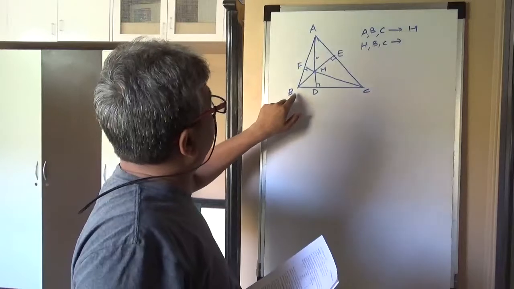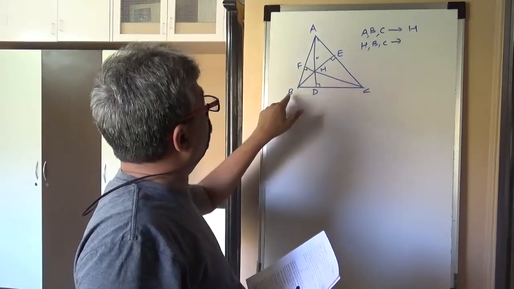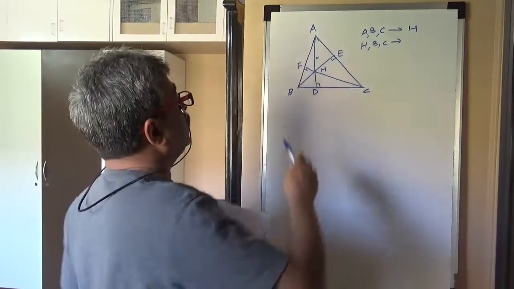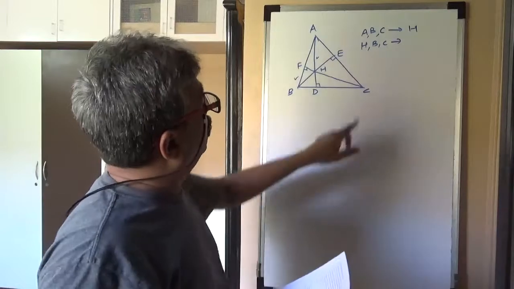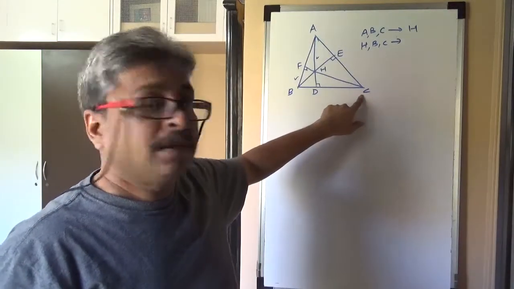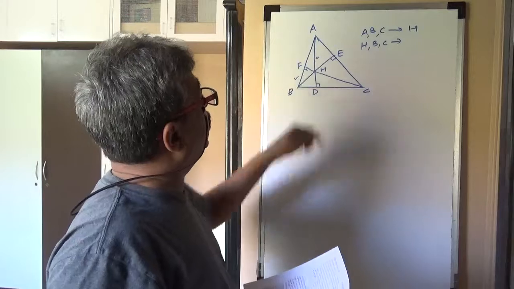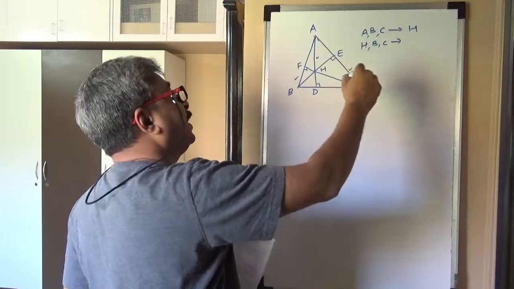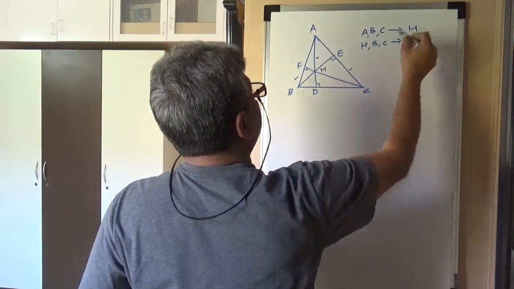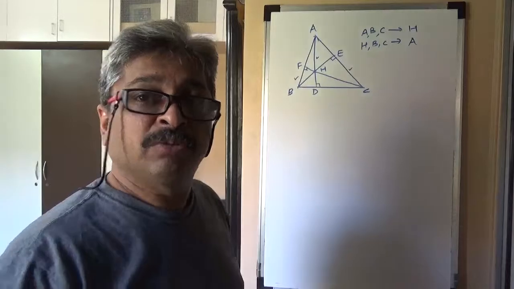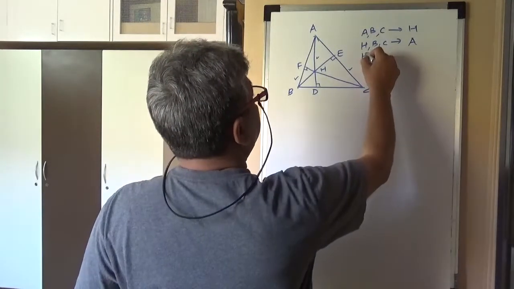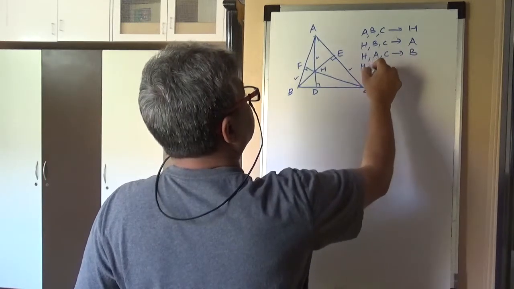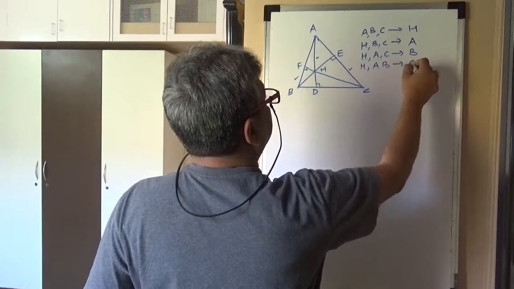Then draw a line perpendicular to CH passing through B, which is this line, and draw a line through C perpendicular to AB, which is this line. So again, these are the same three lines, they intersect at A, and the orthocenter of triangle HBC happens to be capital A. Similarly, HAC will have orthocenter capital B and HAB will have capital C.